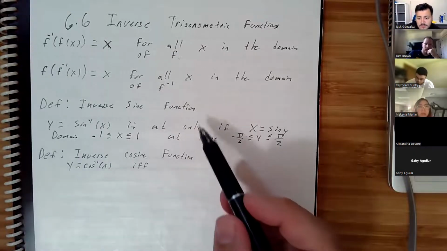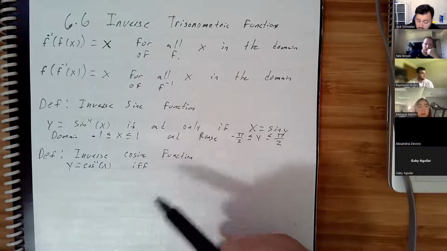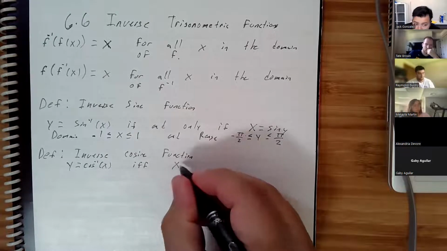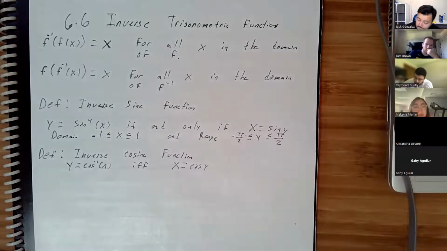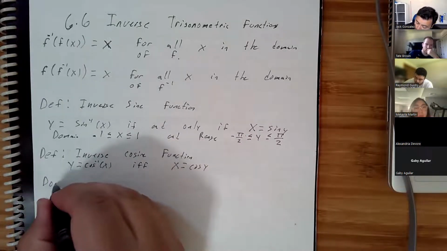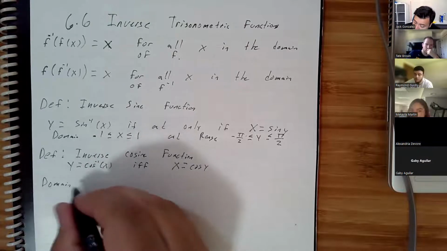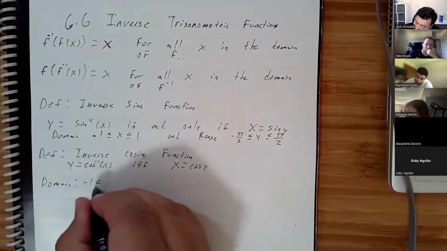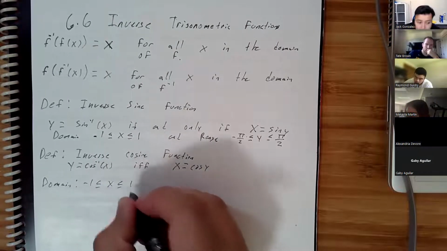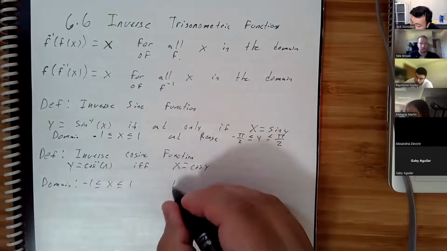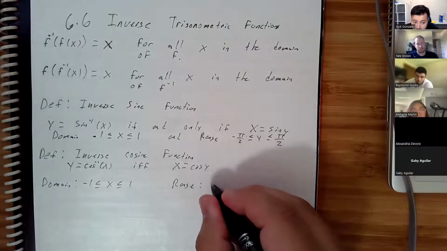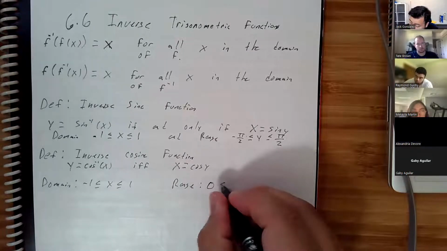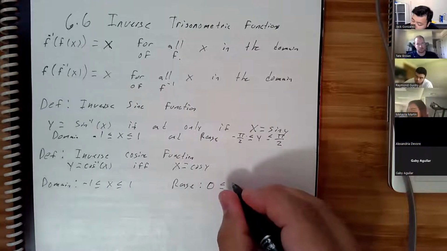So same thing as up here, just IFF: x is equal to cosine y. The domain is similar, -1 to 1. The range will be 0 to pi. That's what I define on the top half of the circle.